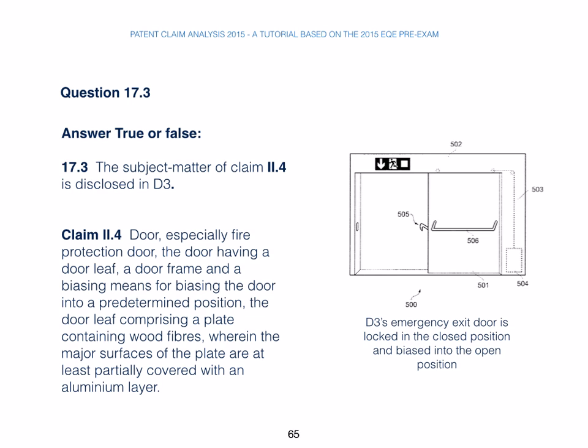Claim 2.4 reads, door, especially fire protection door, the door having a door leaf, a door frame, and a biasing means for biasing the door into a predetermined position. The door leaf comprising a plate containing wood fibers, wherein the major surfaces of the plate are at least partially covered with an aluminium layer.